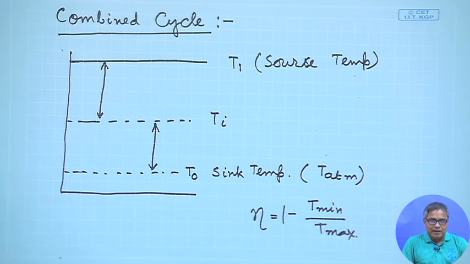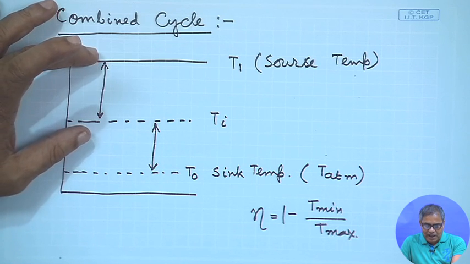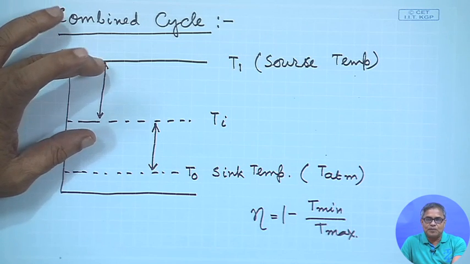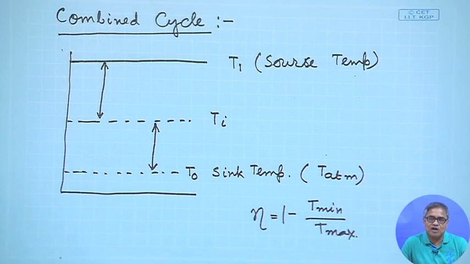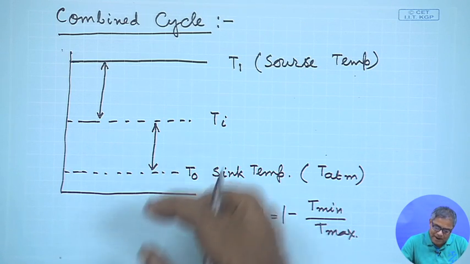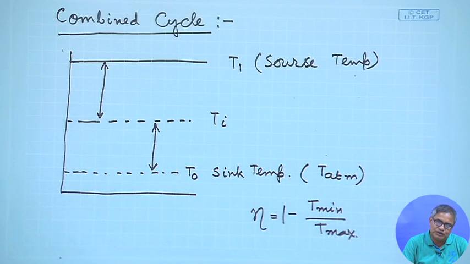The remedy is, can we use a combination of two cycles? Then the cycle at the top, which is called the topping cycle, I have already introduced this term, will reject a certain amount of thermal energy that will be picked up by the cycle at the bottom, which is called the bottoming cycle.